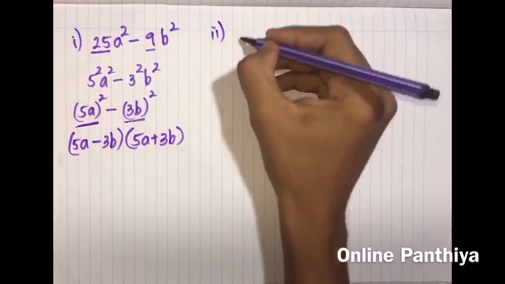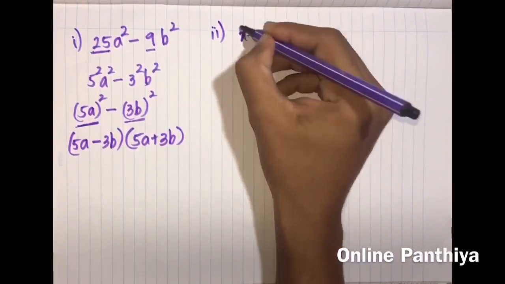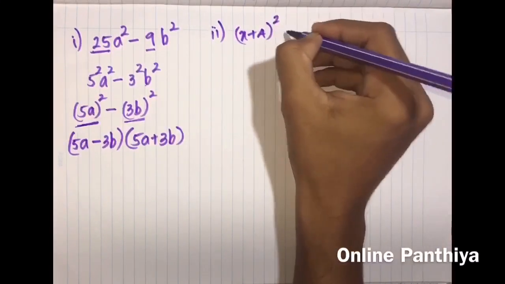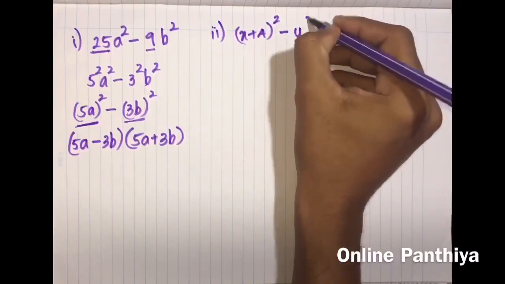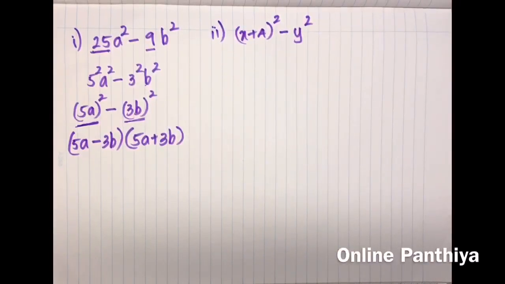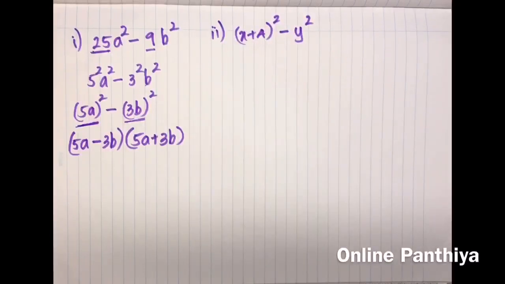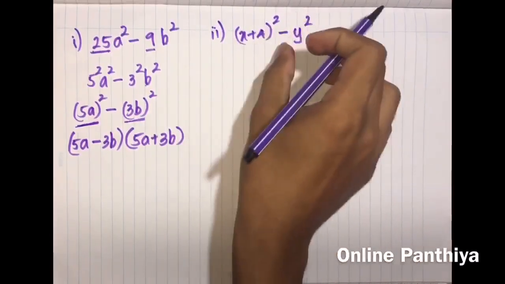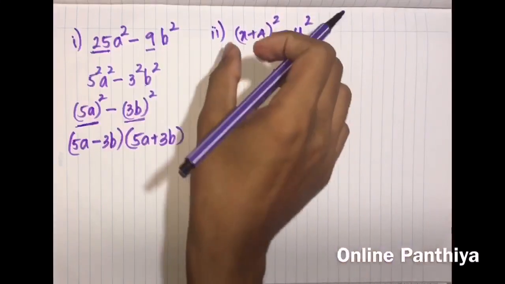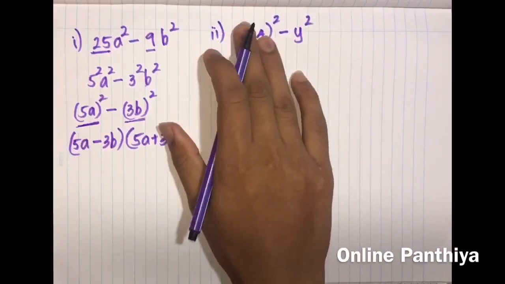One more example. x plus 4 whole thing squared minus y squared. How do you solve this? Don't go to expand or do anything. The only requirement is you should have two terms with square terms. Here consider this as one term.